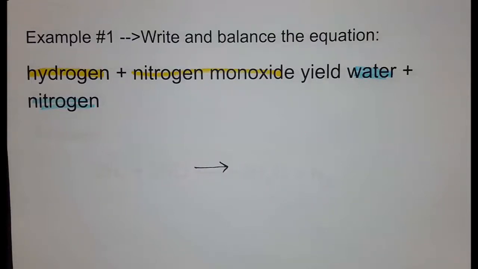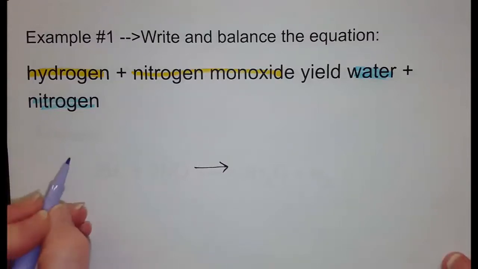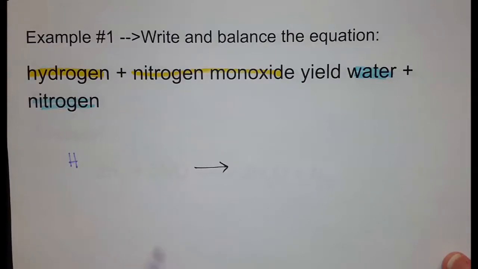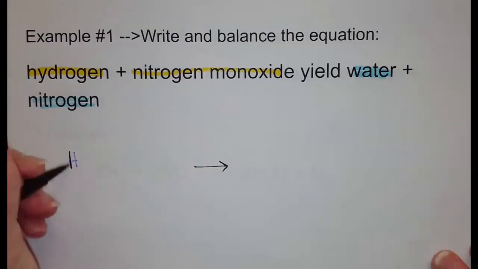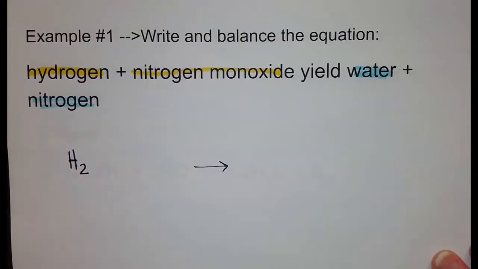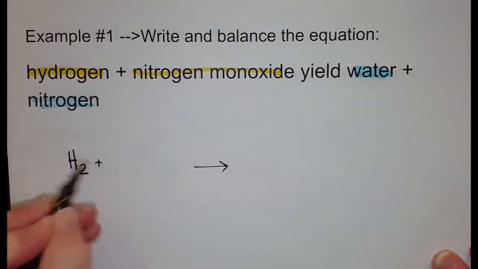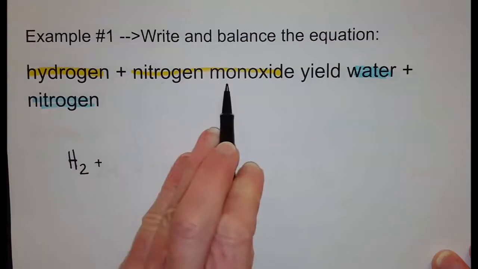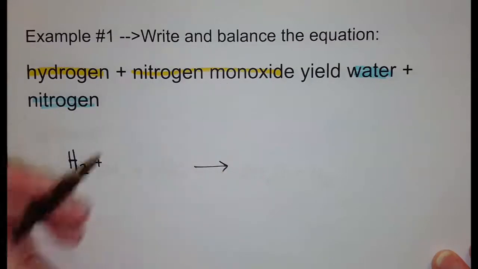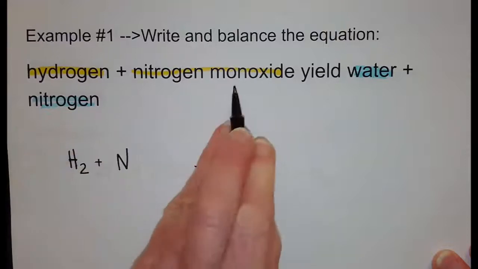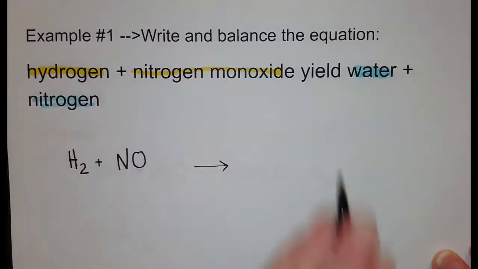So the first one, hydrogen, we know that is a diatomic molecule. So we'll write H. I'm going to do that in a darker color. And we know that's H2, one of the diatomic molecules. Nitrogen monoxide. Well, one nitrogen, because there's no prefix, monoxide, NO, yields water and nitrogen.